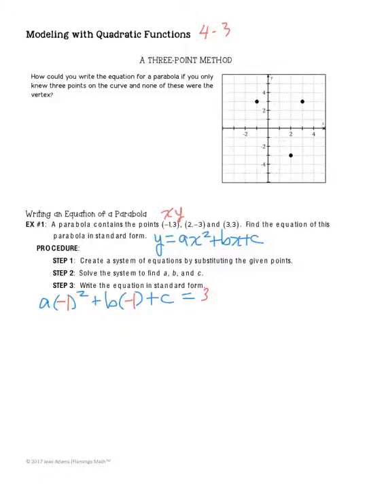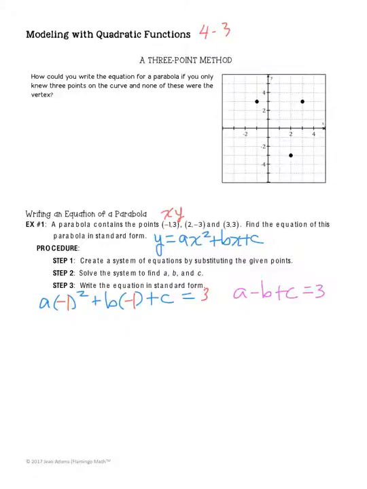So the equation that I get is -1 squared is 1, so I get a. -1 times b is minus b, and then plus c equals 3. So there's one of my equations. Actually, I think I'm going to write that over here to the right. So a minus b plus c equals 3. It'll be easier for me to collect it all together.